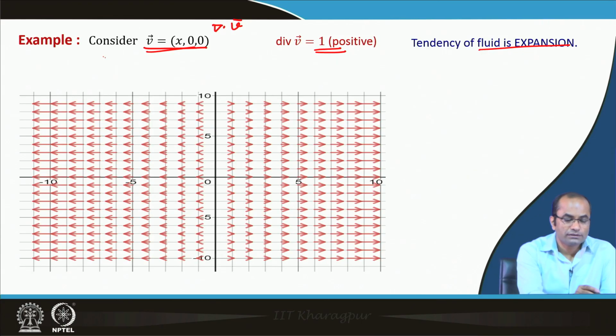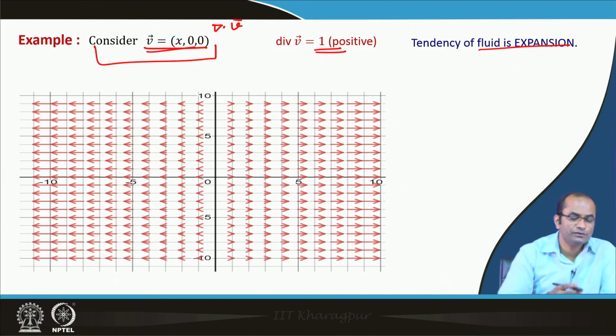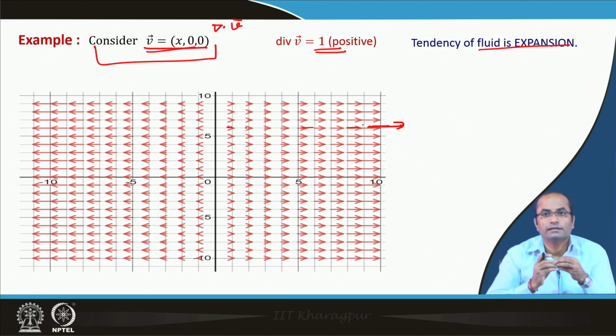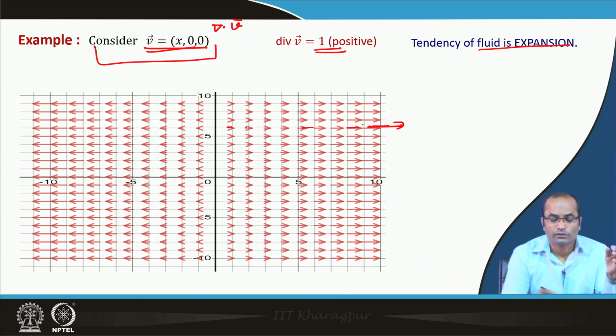If we visualize this vector field, as we have seen already yesterday, you can see here, for instance, that this is very small, then it is increasing. As we go away in this direction, the length or magnitude of the vector field is increasing, and that exactly tells that the tendency of the fluid is for expansion.